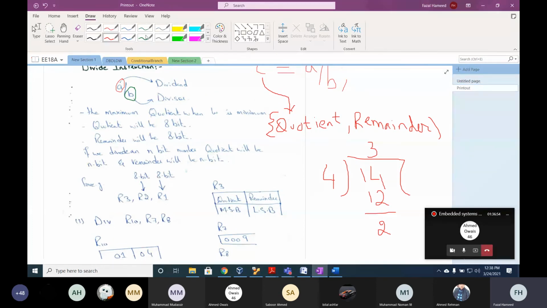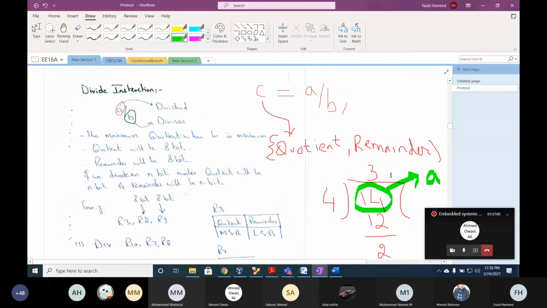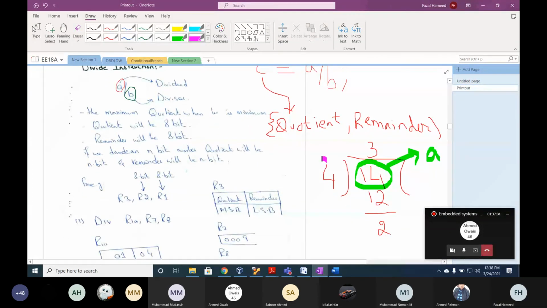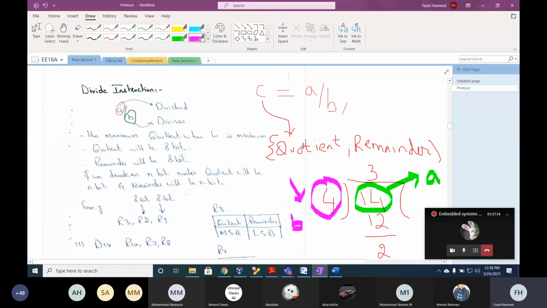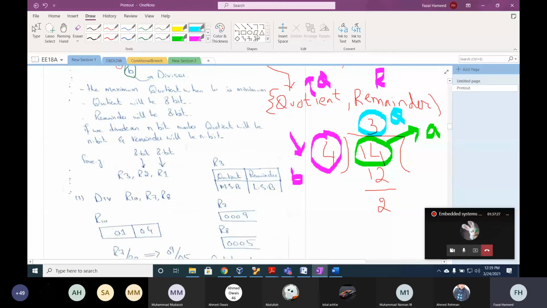So 14 is the dividend, A. 4 is the divisor, B. Now we have two portions, quotient and remainder. I represent the quotient with Q and the remainder with R. So what is 3? Quotient. And what is R? 2.